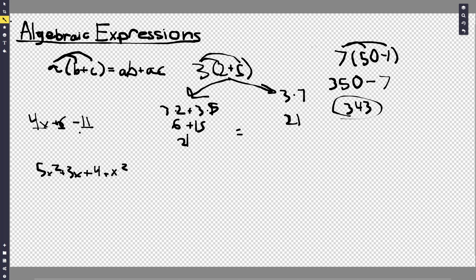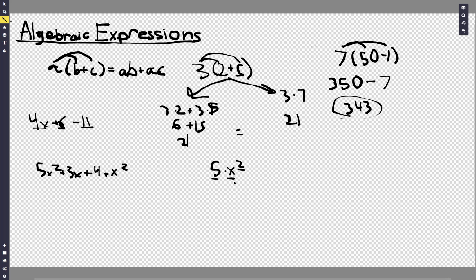So let's talk about like terms. Every term has multiple parts. As you can see here, we have 5x squared, right? So it is made up of a number and a variable to a certain exponent, to a certain power.